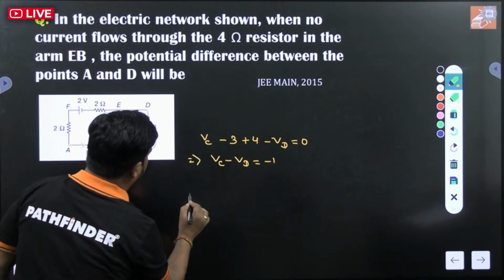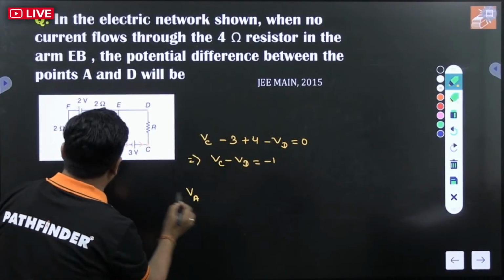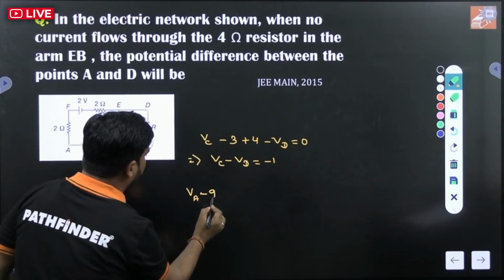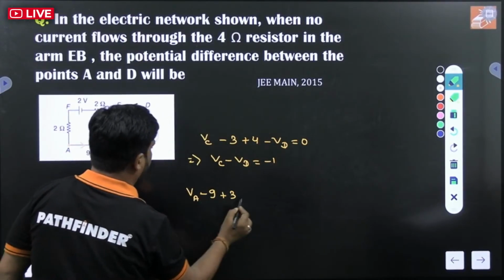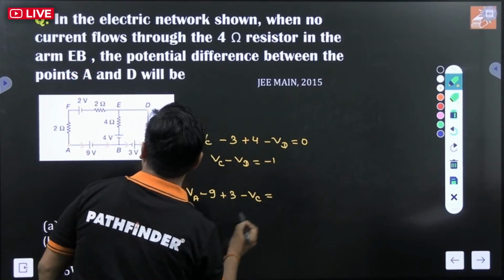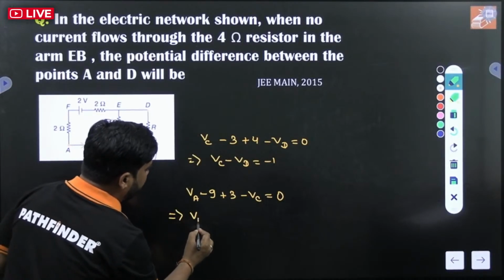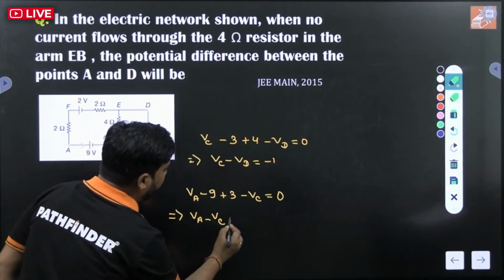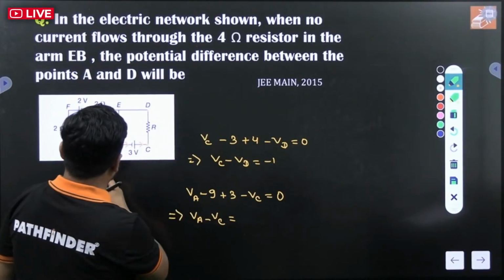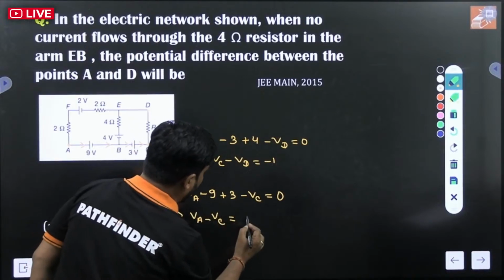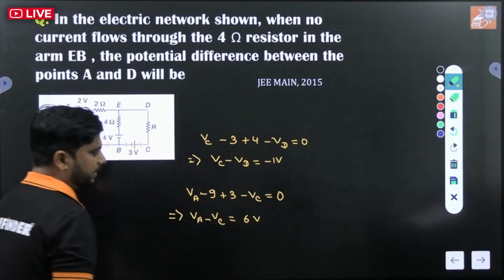So can we calculate VA? यहां से ऐसे KVL यूज कर रहे हैं A to C. So VA पॉजिटिव हो गया, माइनस 9 वोल्ट. देन यहां प्लस 3 वोल्ट माइनस VC इज इक्वल टू 0. करेक्ट है. सो यहां से VA माइनस VC का वैल्यू क्या आ जाएगा? माइनस 9 प्लस 3, दैट इज 6. सो यहां पर आ जाएगा 6 वोल्ट, यहां पे माइनस 1. क्लियर है? इज इट क्लियर?